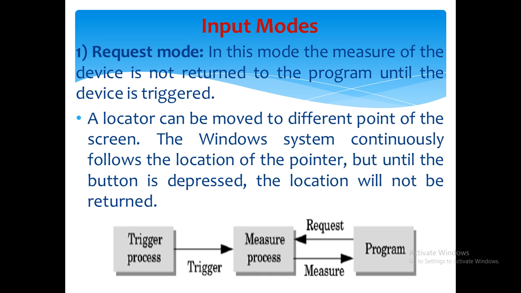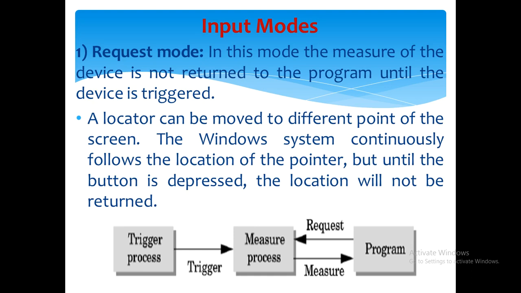Best example is scanf for reading a string. You will enter the first character, still your program is waiting. You will enter the second character, still your program is waiting. You will enter the third character, still your program is waiting for a measure. Still the measure is not received by your application. Only when you press the enter key will the measure be received by your application.